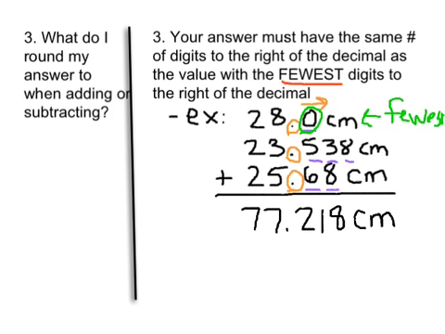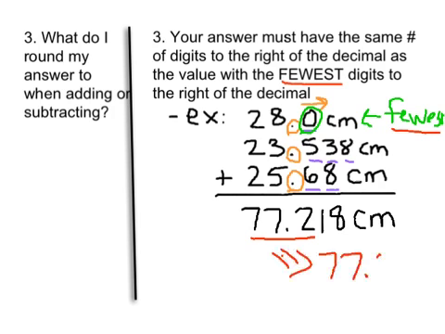Okay, however, because not all of these measurements were as precise as one another, we can only be as precise in our answer as the least precise measurement, or the one with the fewest digits to the right of the decimal. So we can only round to 77.2 centimeters.